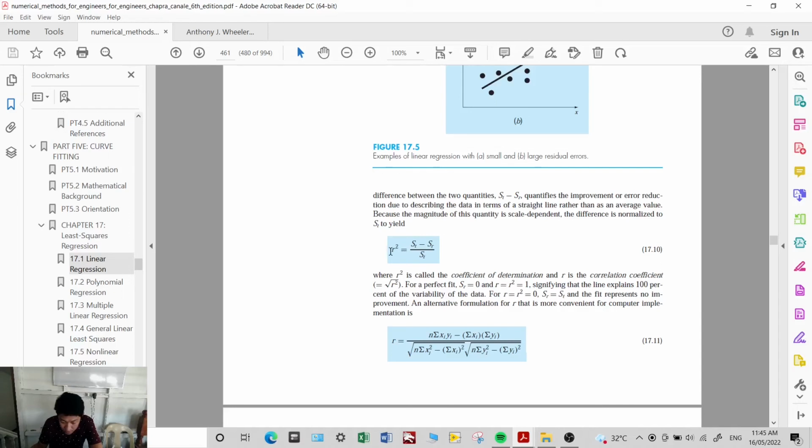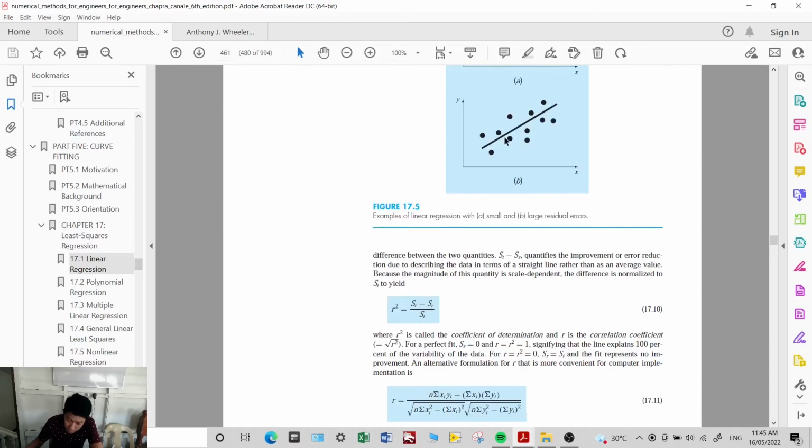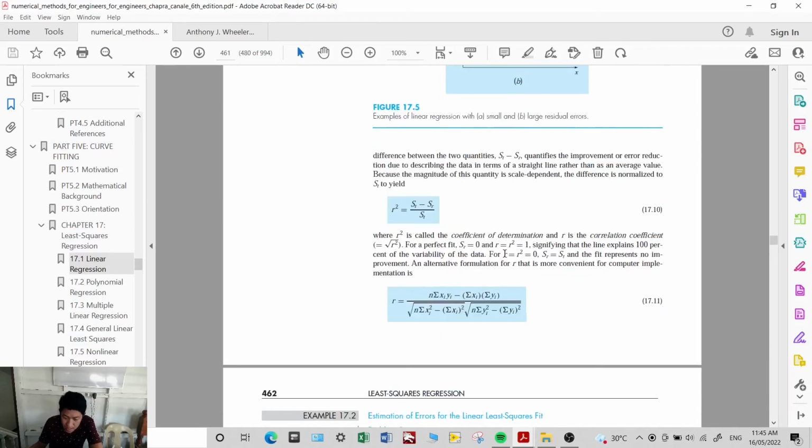And then if you get the square root of that, you will get the correlation coefficient. Okay? So for a perfect fit, if all your data points fit on the line, you will get a correlation coefficient of 1.